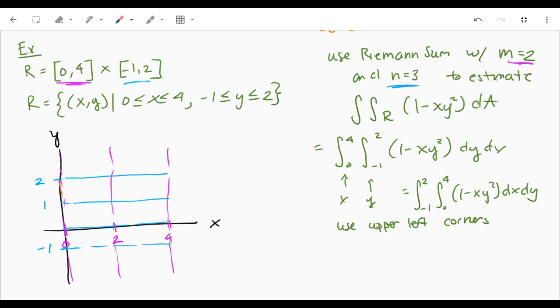And in fact, I'm going to outline the points. So we have the points 0, -1, 2, -1, 4, -1.